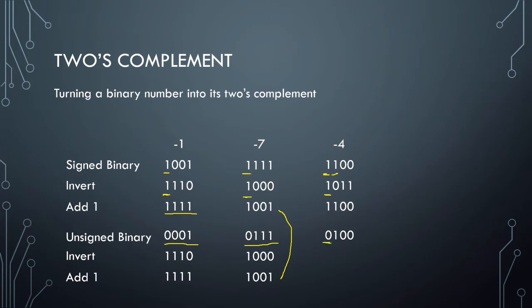We're just writing out the binary number 4, which means we flip everything. Even the most significant bit, we flip, and then we add 1. And again, these numbers are equal. So you can start with either signed or unsigned. You just have to know if you need to carry that most significant bit down and keep it the same, or if you need to flip that as well. So just bear that in mind.